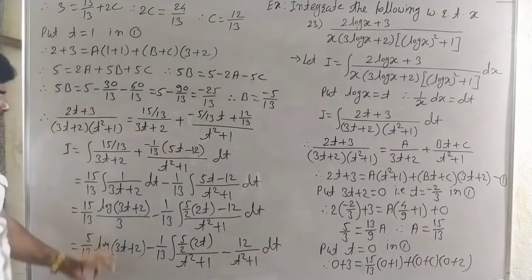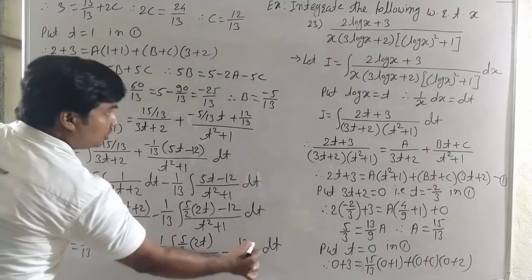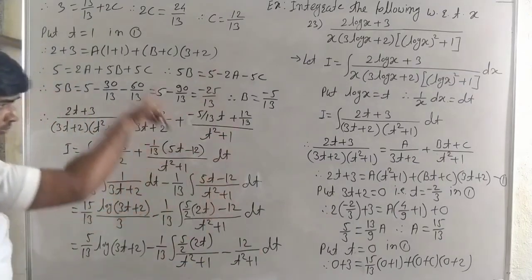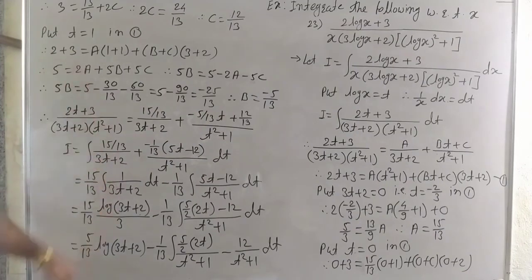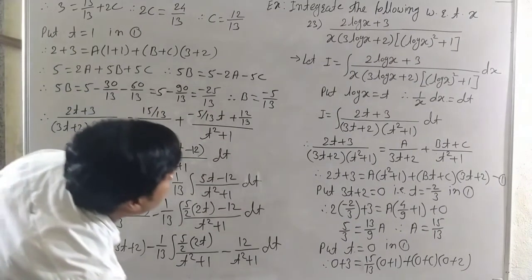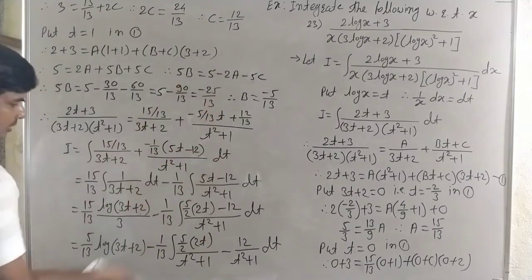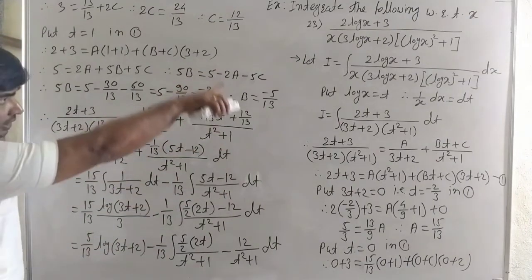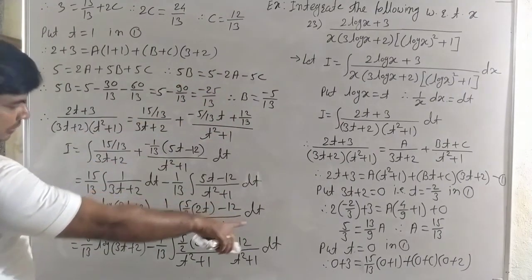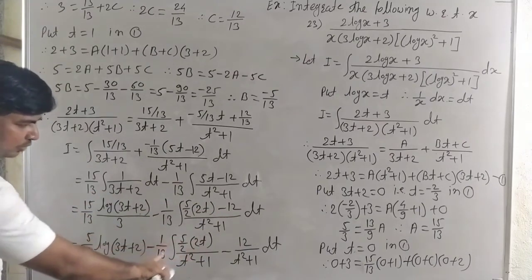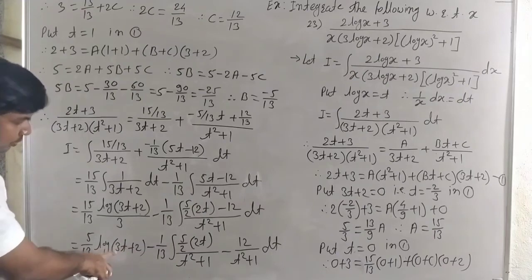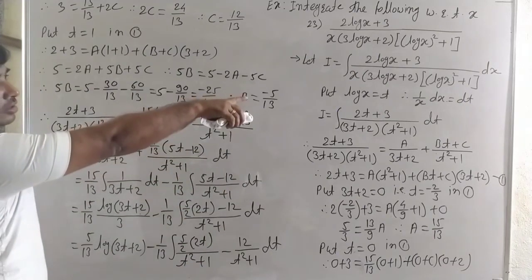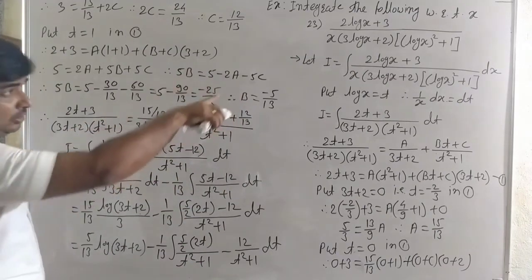Okay, first separate the integral, and now we can multiply by minus 1 by 13. See carefully all the calculations. Now we can write the last step, we separate this integral and integrate, and after integration we put the value of t, where t is log x. Okay, remember it.